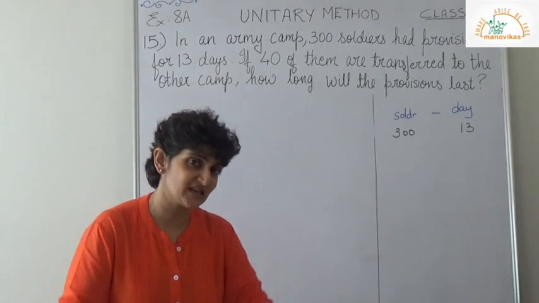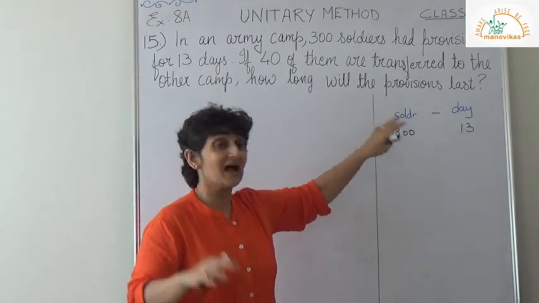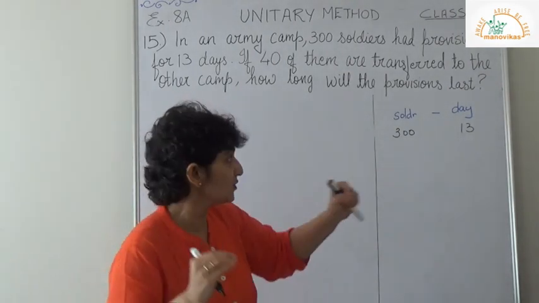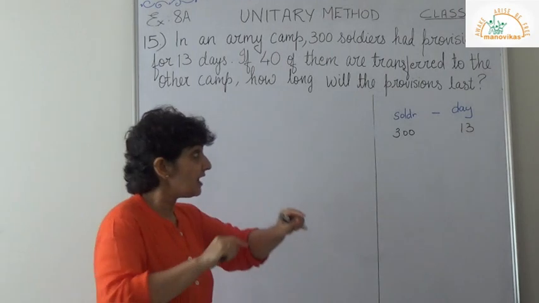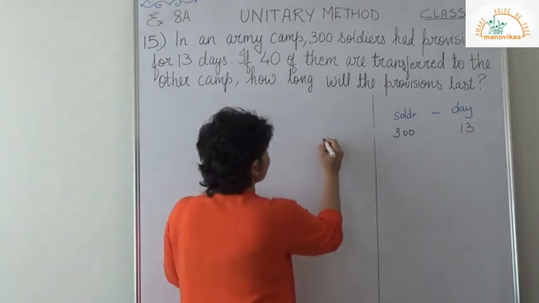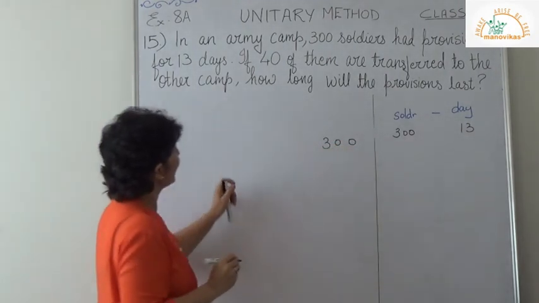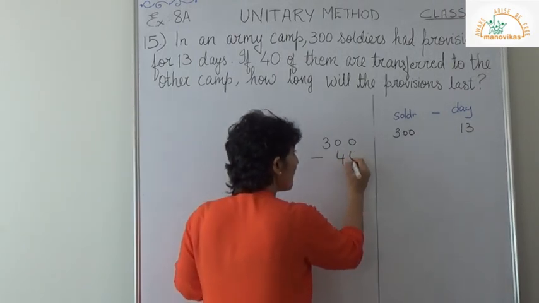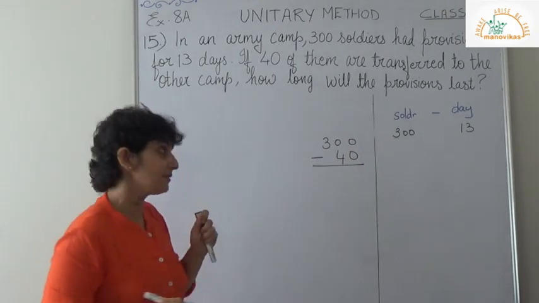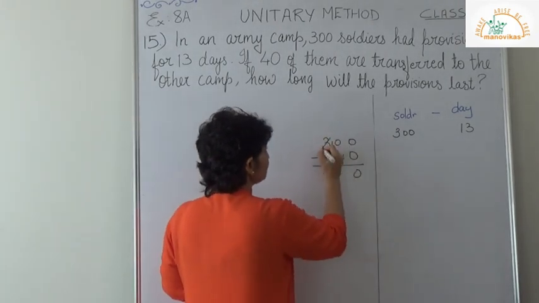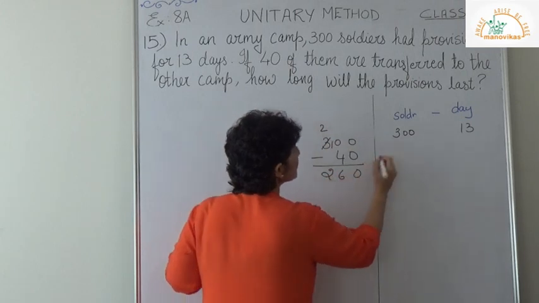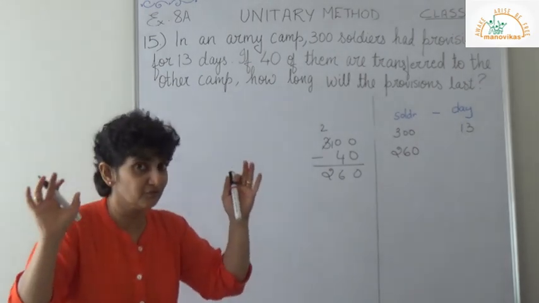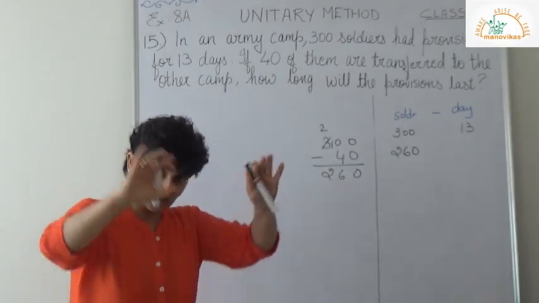Now, provision is the same. There were 300 soldiers and this provision was enough for 13 days. Now, out of these 300 soldiers, they are saying 40 went from there. Alright? So how many are remaining? You subtract, isn't it? So that means 260 soldiers are remaining, but the food remains the same, isn't it?